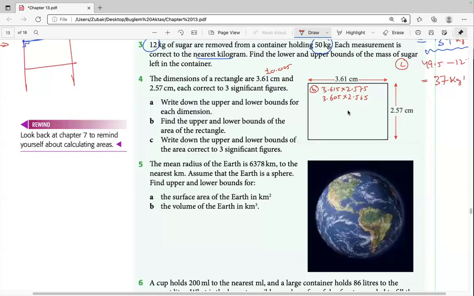And C part says write down the upper and lower bound of the area. Correct to three significant figures doesn't mean the answer. Oh, wait, I think B is you just multiply 3.61 and 2.57 and then find the upper and lower values of it. And then C is the one that we just did.